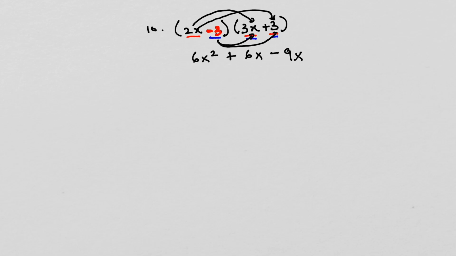Negative 3 times 3 will give us negative 9. Next, we can add like terms. 6x minus 9x will give us negative 3x. So our final answer will be 6x squared minus 3x minus 9.